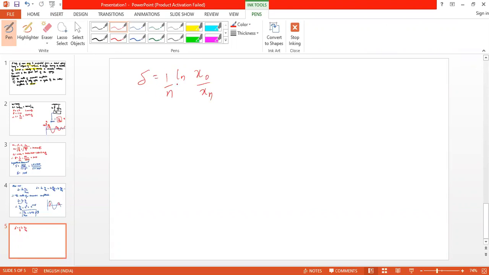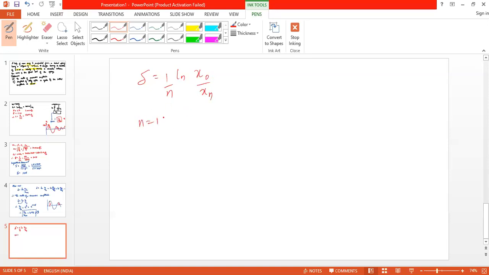So delta is equal to 1 by n ln of x naught by xn. x naught is the initial displacement, that is the amplitude of the first cycle, and xn is the nth cycle, where you need to find out the value of displacement.